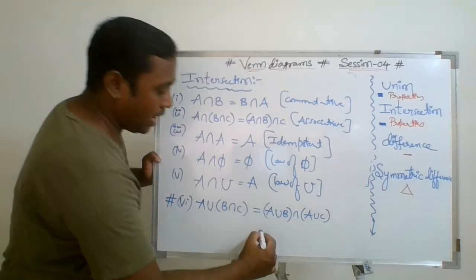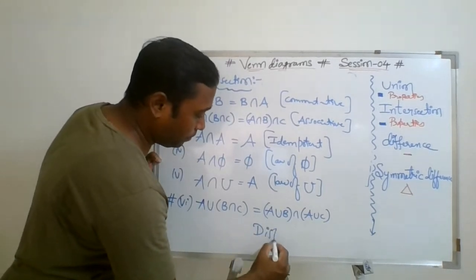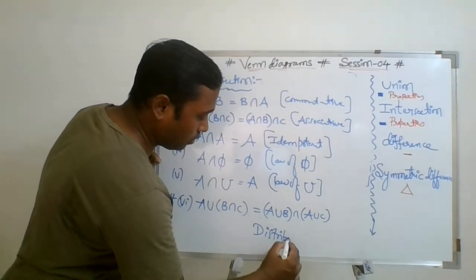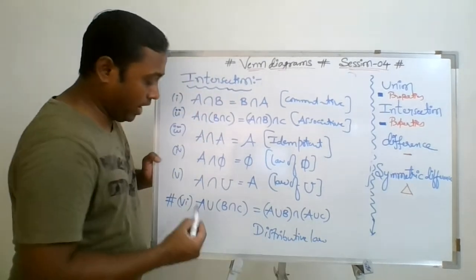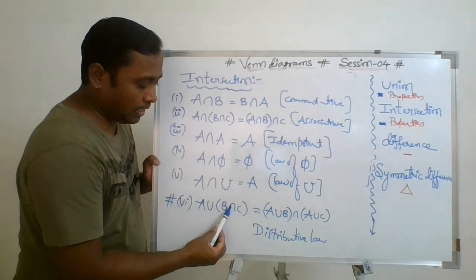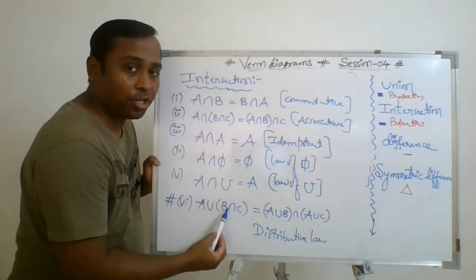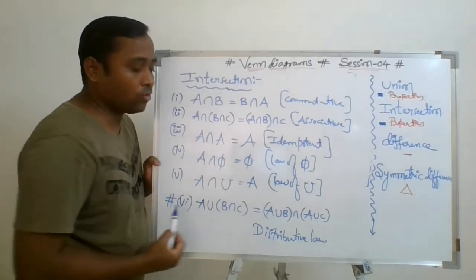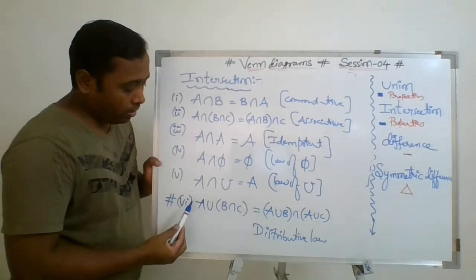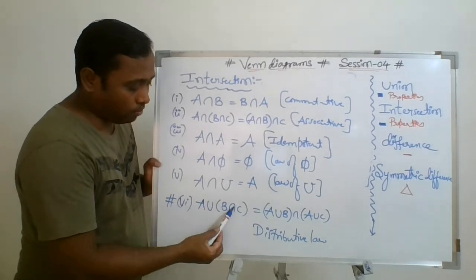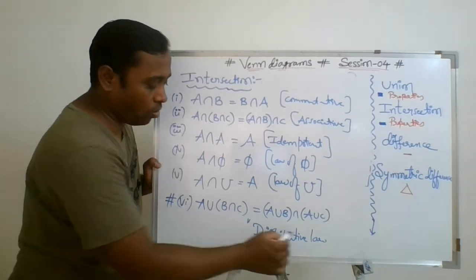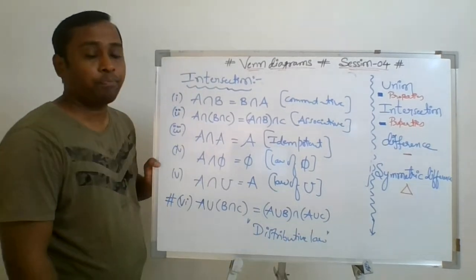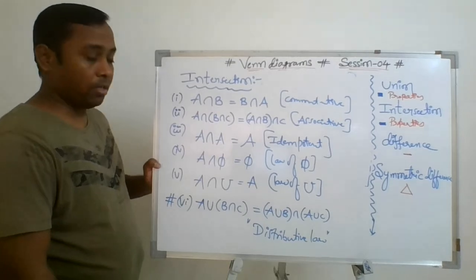So this we call the distributive law. Distributive law means you can distribute union over intersection, and intersection over union. That we call the distributive law, which combines both the symbols union and intersection. This is the only law which we call the distributive law. You just need to remember that, nothing else.